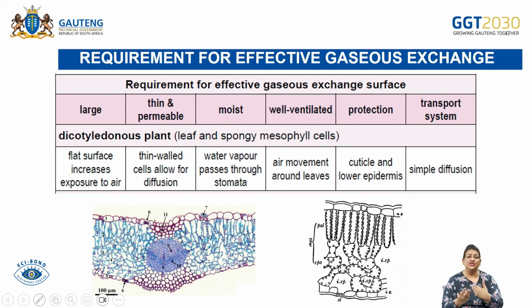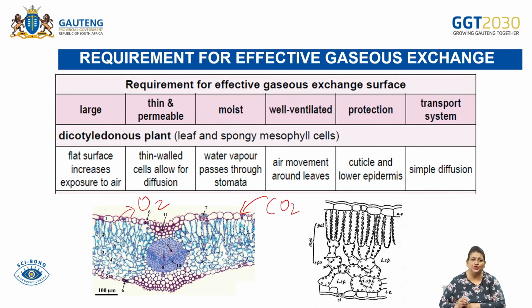So gaseous exchange is different in plants and animals. What's the difference? We take in oxygen and we breathe out CO2. Plants release oxygen and they take in CO2. So plants are going to release oxygen and they're going to absorb CO2.